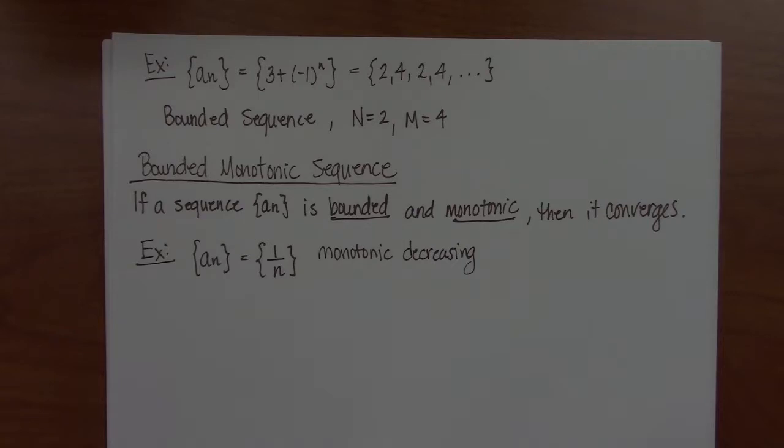Is it bounded? We only have to find at least one M or N. So is it bounded below by anything? 0. There's a big clue right there. If all the terms in your sequence are positive, greater than 0, then it's bounded below by 0. That's just going to be a given.